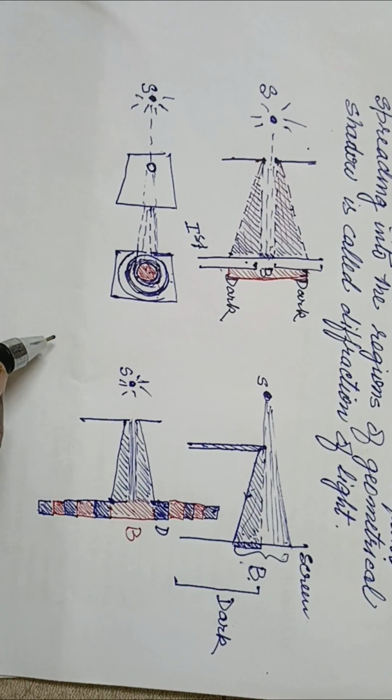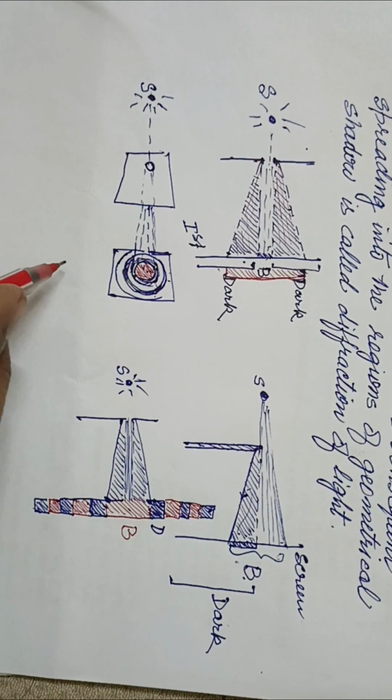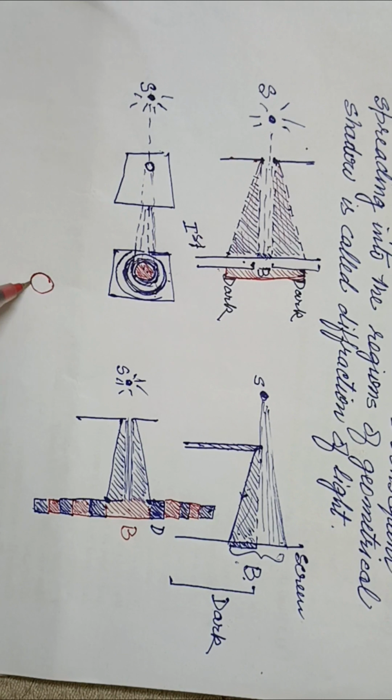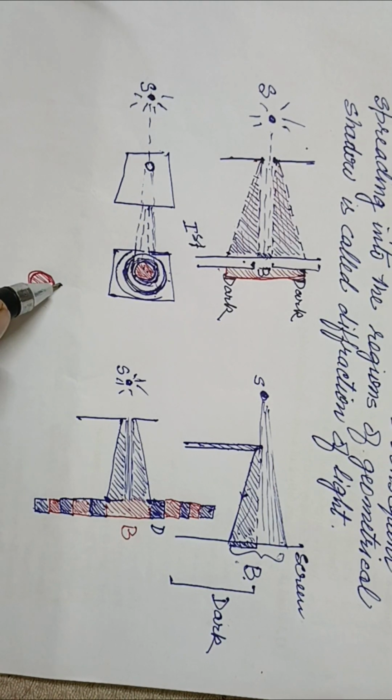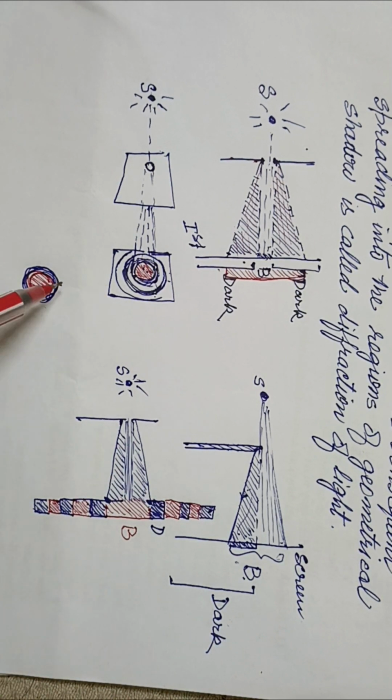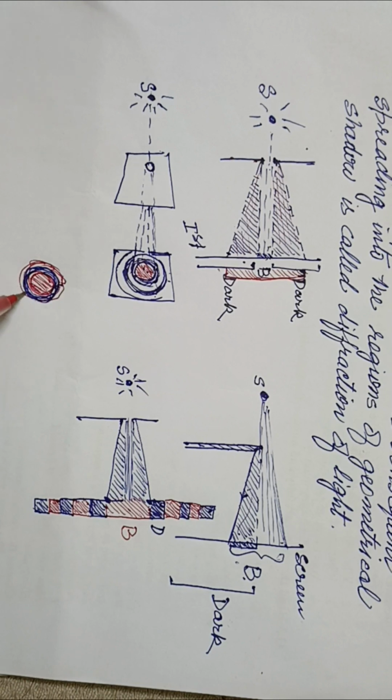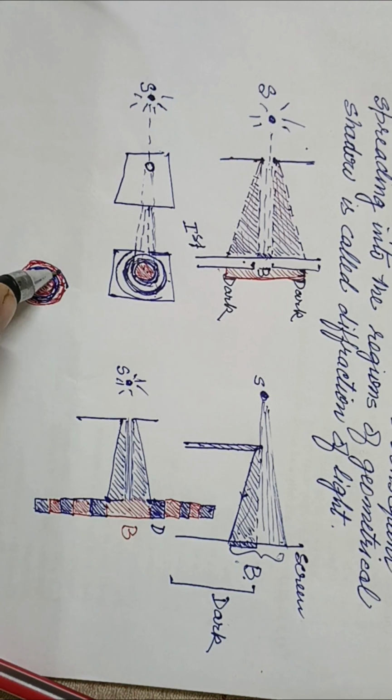Overall you can see, first you will get a bright spot like this, then the darker portion, then again the bright fringe. You will not get very sharp edges in all this, right?